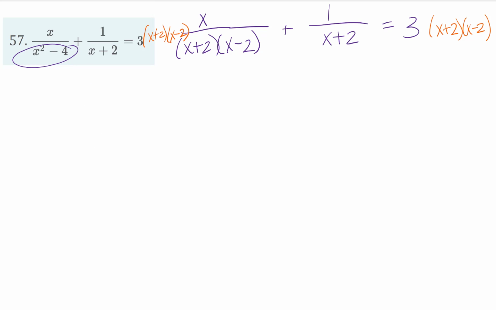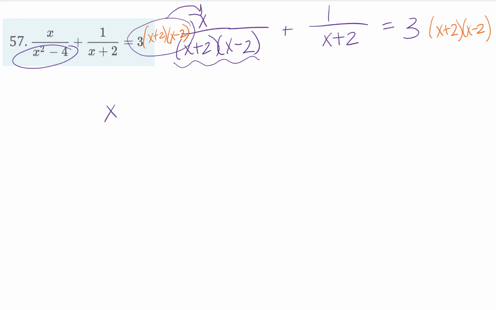So for the first term, when you multiply the LCD to that denominator, it's going to divide the entire denominator out, so you're just left with x. Then you distribute to the second term.